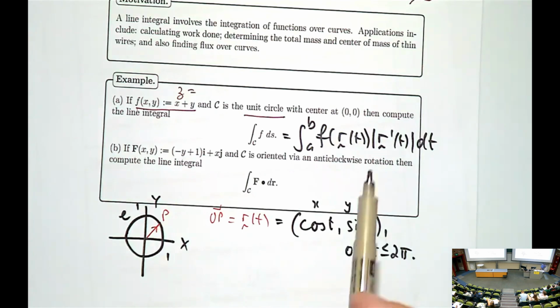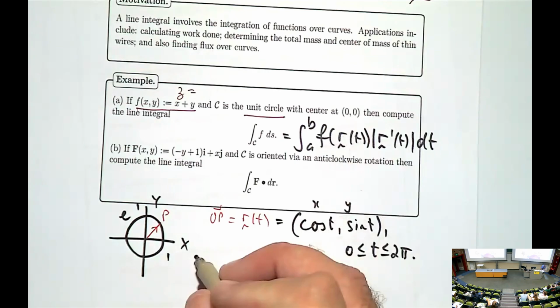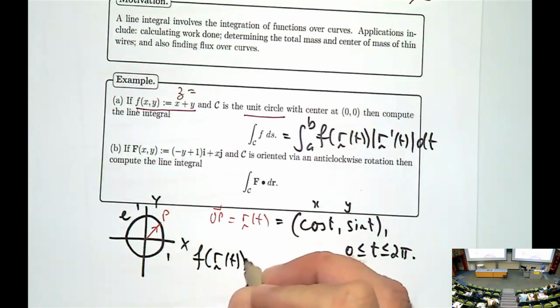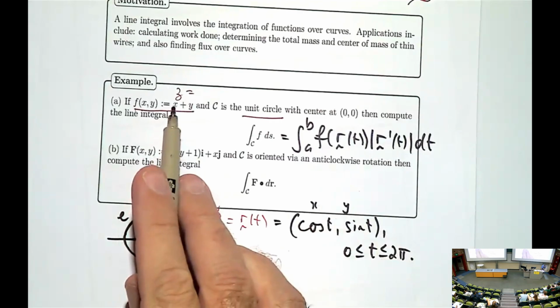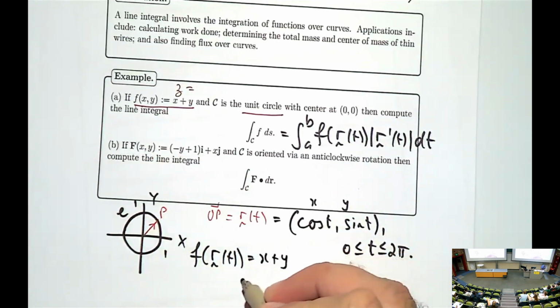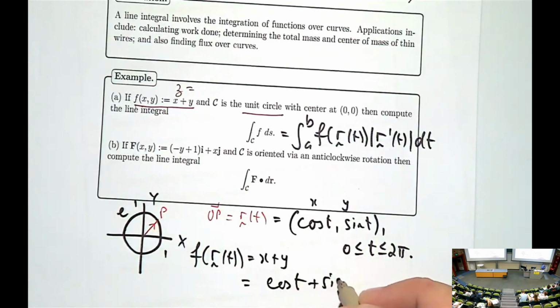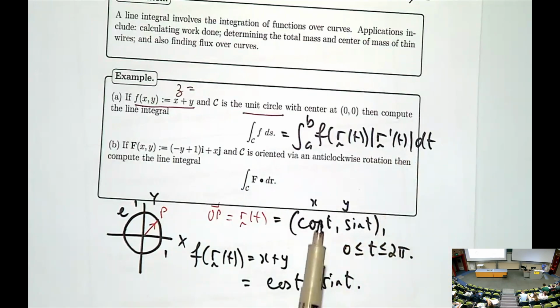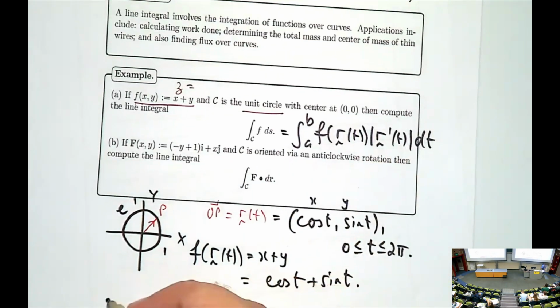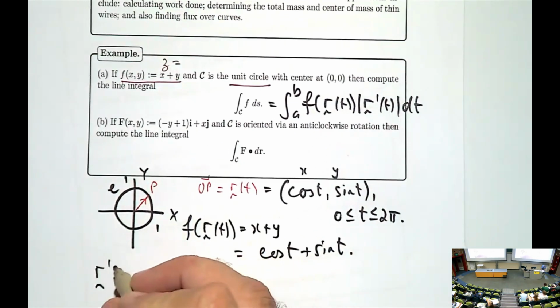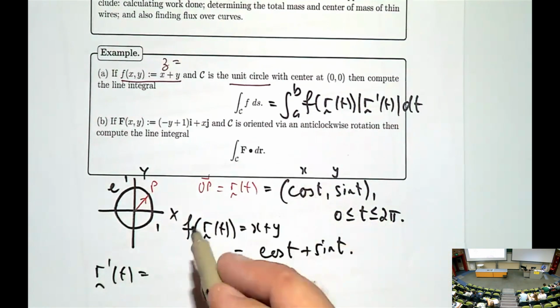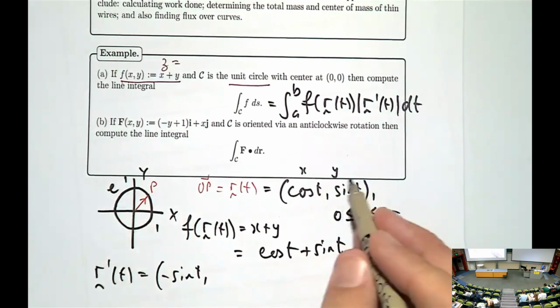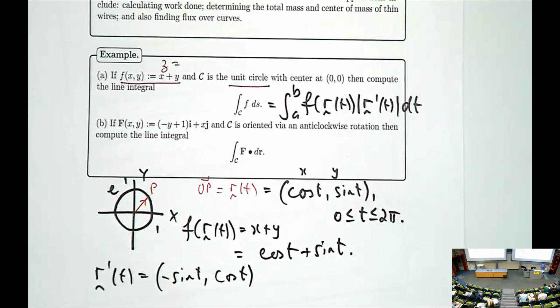So, f along the curve. If this is x and that's y, I just put them up here. Next thing, the derivative. And we take the length of the derivative. So we differentiate this with respect to t. So cos goes to negative sine. Sine goes to cosine. Now, what's the length of that derivative going to be? 1, right?